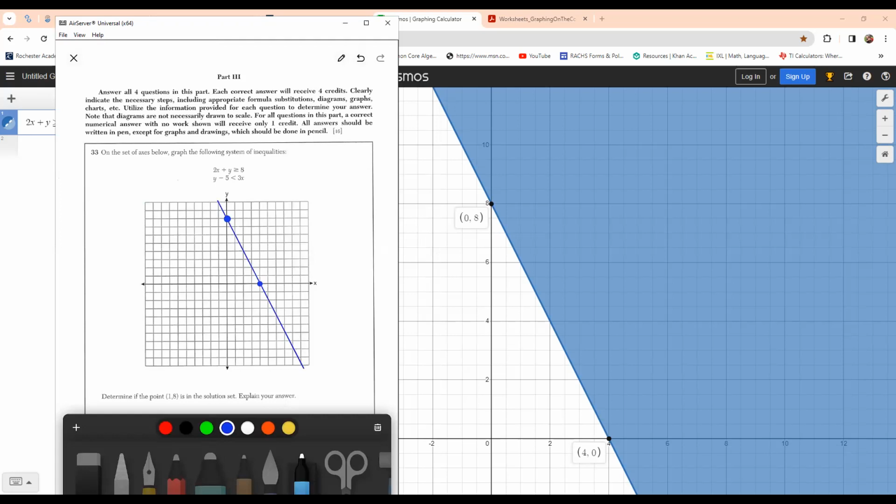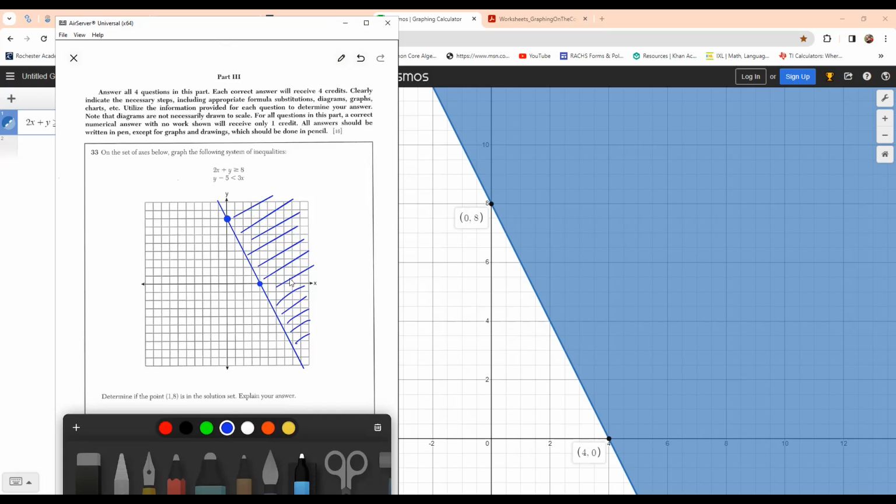There we go. And then I'm going to shade it. The best way to do this is just to go, boom, something like this. That is indicating that any number over here in the shaded part, up to and including the points on this line, will make the first inequality true: 2x plus y is greater than or equal to 8.